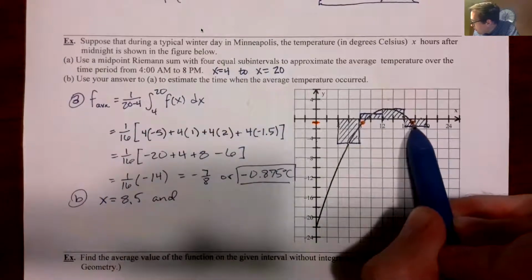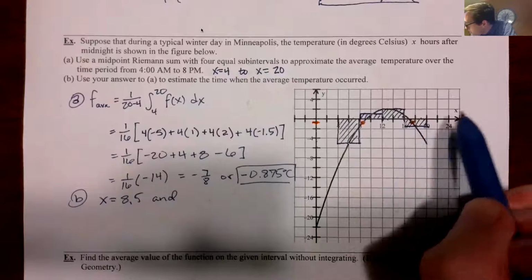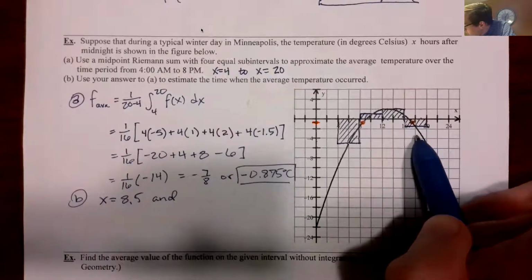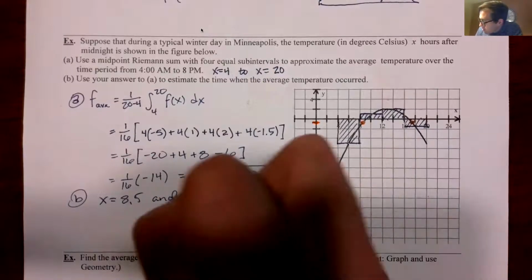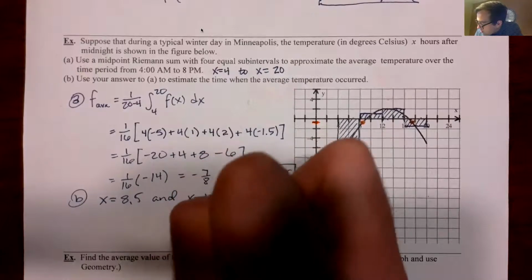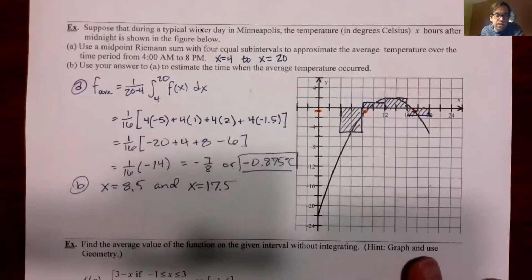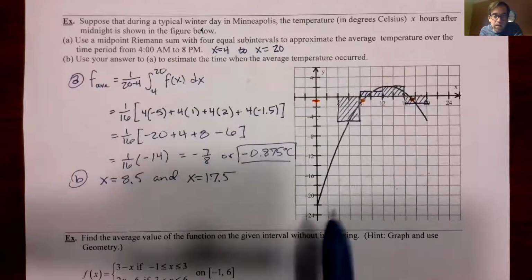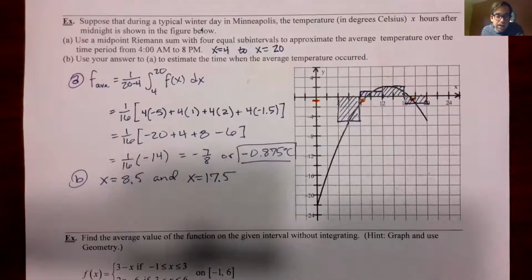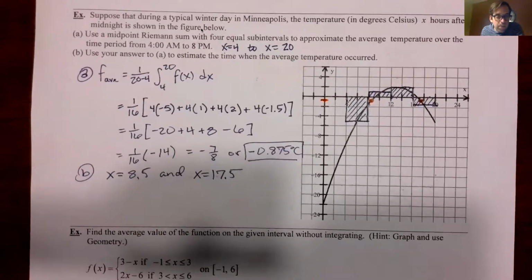And then over here, it looks like maybe it is, I don't know, halfway between 17 and 18. So 17.5. These are complete guesses, so it's very possible that you might think it's something different, but kind of close, and that's fine. You can write it a little bit different if you want for this part.